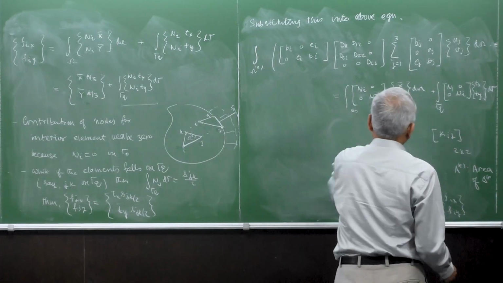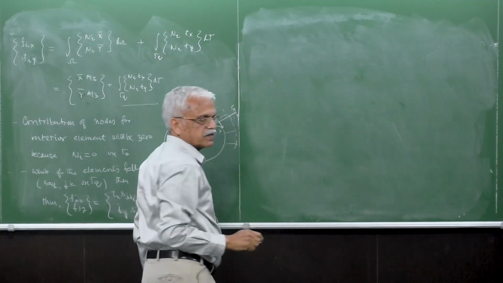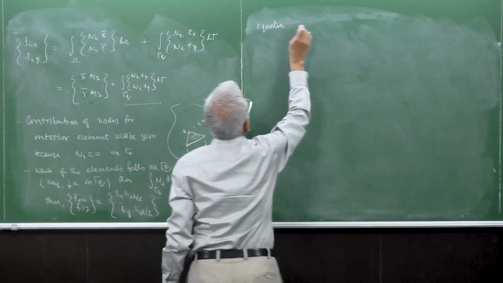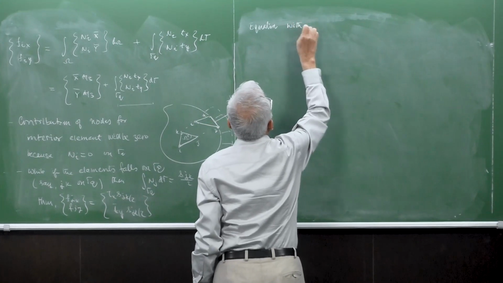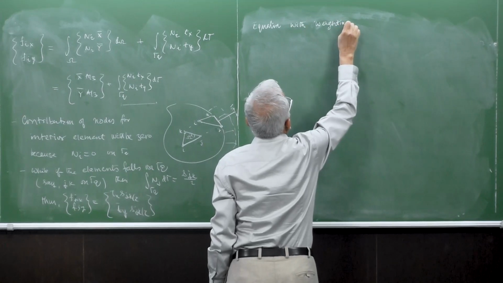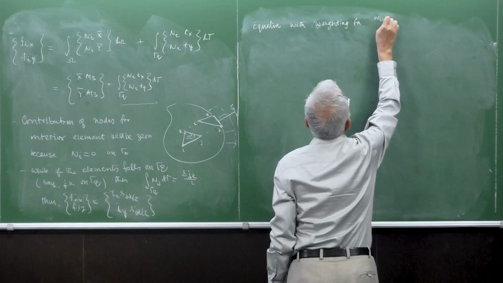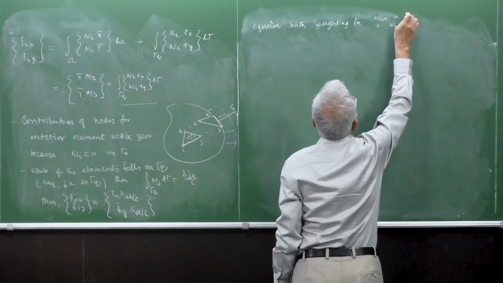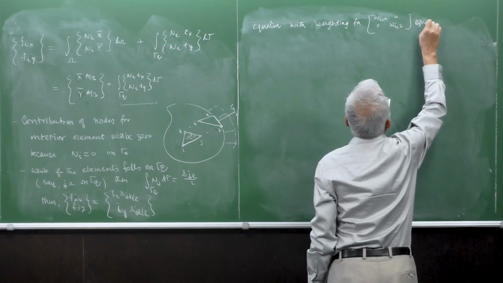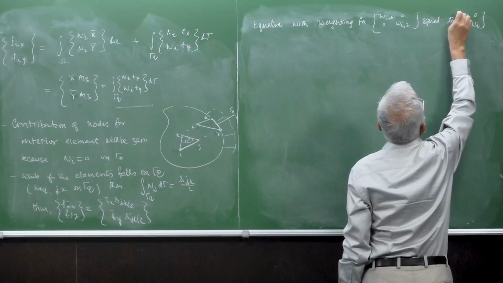Okay, so thus the contribution of this one here is to be taken carefully as necessary. So that's what we have here, putting it concisely. So the equation with weighting function value I being equal to Ni, so this is what we have done just now.